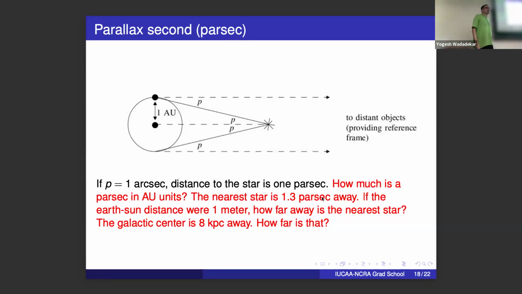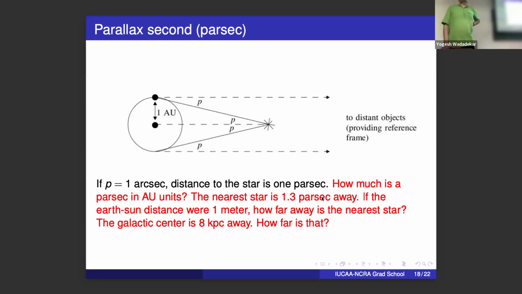So how much is a parsec in AU units? How will you calculate that? Before you go there, what is 1 arc second? 1/3600th of a degree. That's right. Your degree is divided into 60 arc minutes, and each arc minute is subdivided into 60 arc seconds.